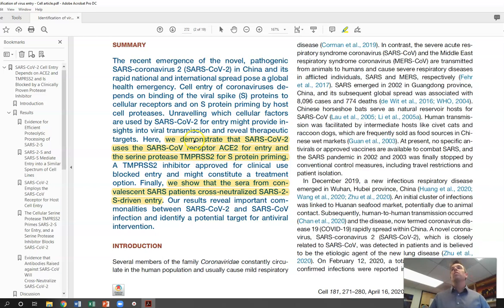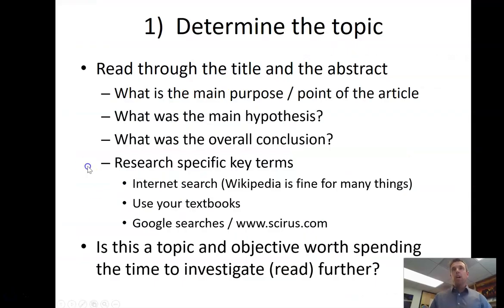So whatever figure results there are, they're going to support that information, and then probably towards the end you'll have some figures that test whether or not sera from patients that had other types of SARS virus can actually prevent SARS infection into cells. I already know what to expect from the methods and from the results, and now understanding each figure with that idea in mind, that goal in mind, if you will, is going to be a lot easier later on. All right, so let's jump back over here.